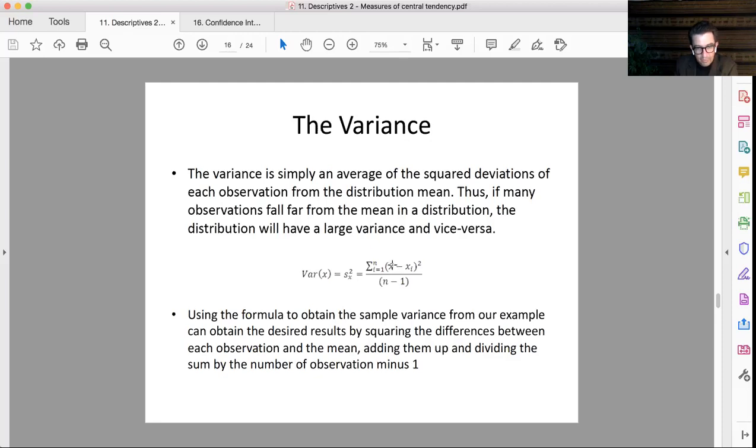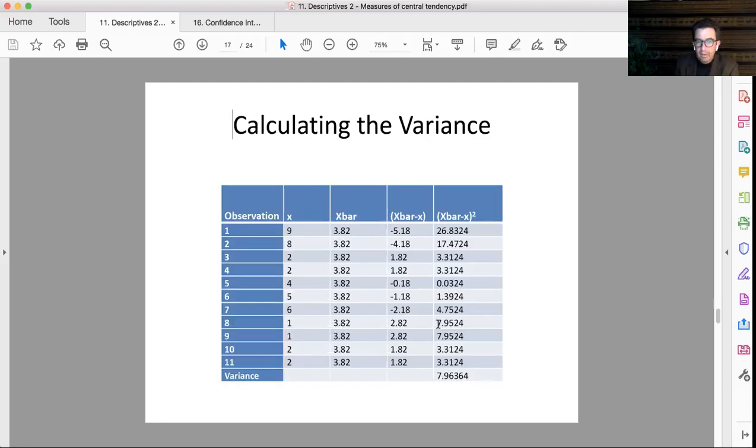So you get the mean and subtract every value from the mean. You square that difference and you add it all together. And you divide it by the number of observations minus 1. So here, if we had a distribution, this is the one that we've been talking about all this lecture, and this is the mean. Remember, we calculated that.